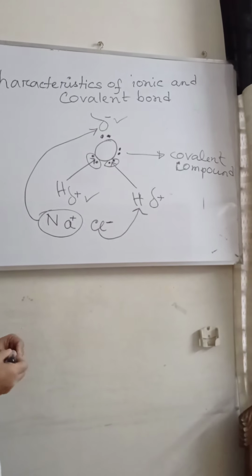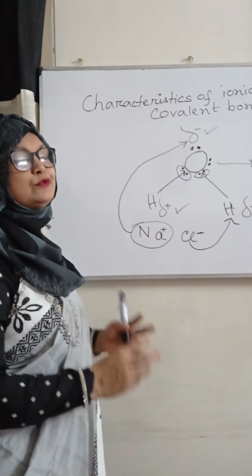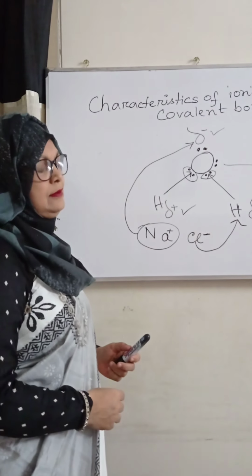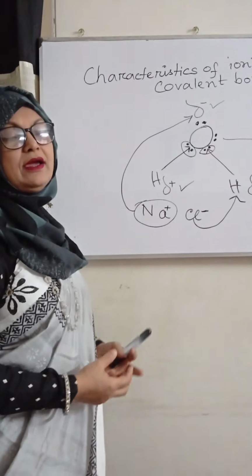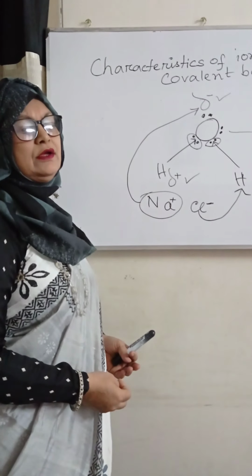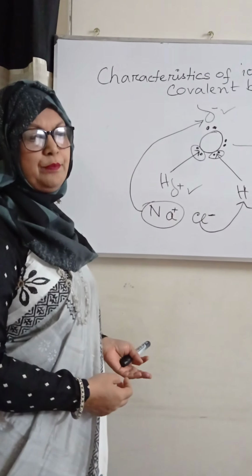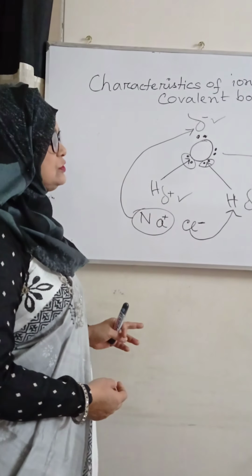And I have already told you some covalent compounds also dissolve in water. But why? The covalent compounds which carry partial positive and negative charges, that is, which are polar compounds, only those covalent compounds dissolve into water.